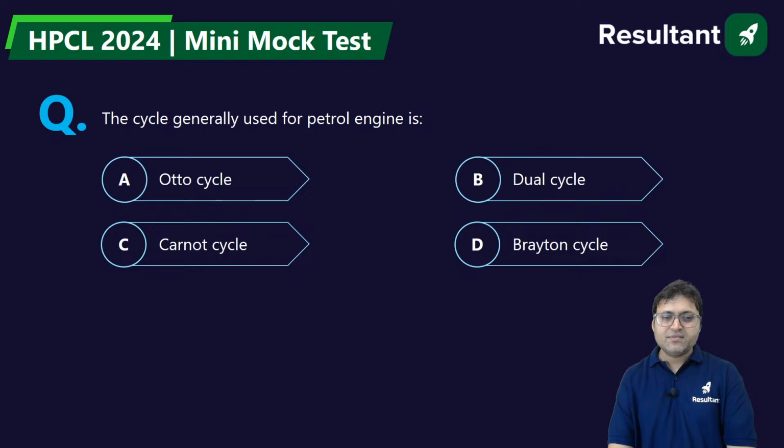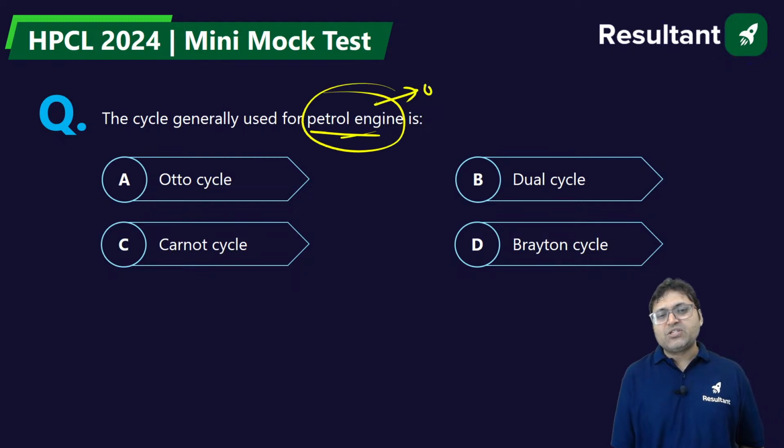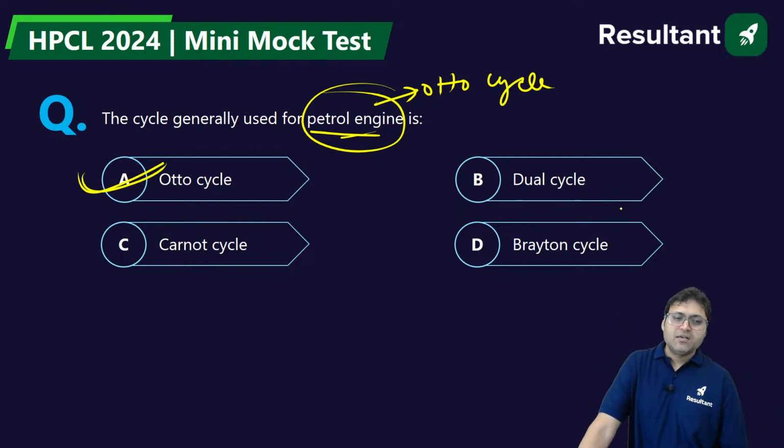The next one: the cycle generally used for petrol engine is the Otto cycle. Diesel cycle is used for diesel engine. Otto cycle is used for petrol engine.